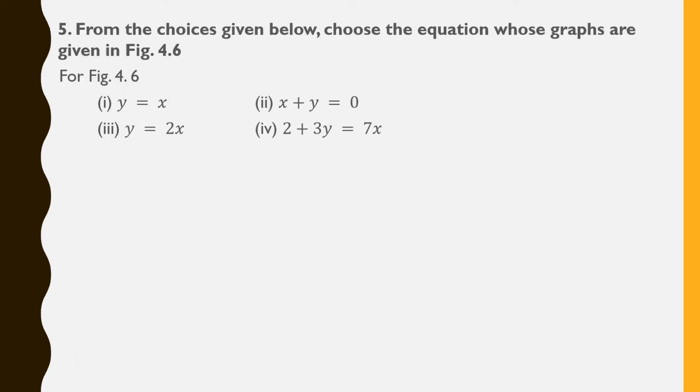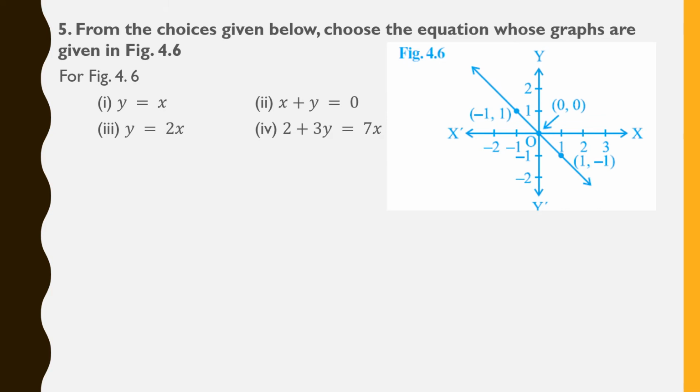Our next question is: from the choices given below, choose the equation whose graph is given in 4.6. That means here a few points are given in the graph. I have to turn by turn substitute these values in these equations and show this graph is of which equation from these 4.